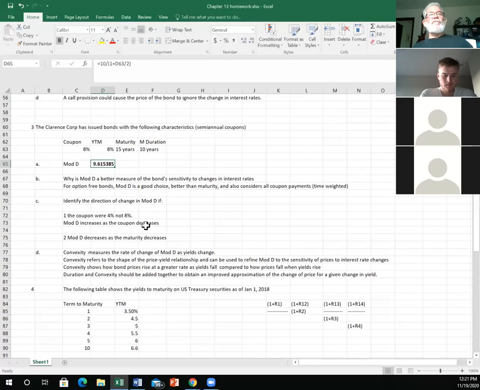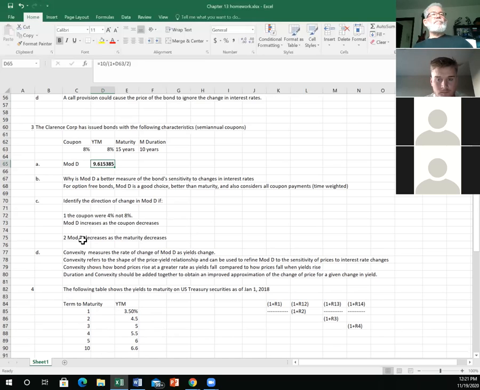By the same token, if there's no coupons at all, the duration's equal to the maturity of the bond. If it's a 10-year bond, duration is 10 if there's no coupons. So the larger the coupons, the lower the number for duration, the faster you'll get your money back.